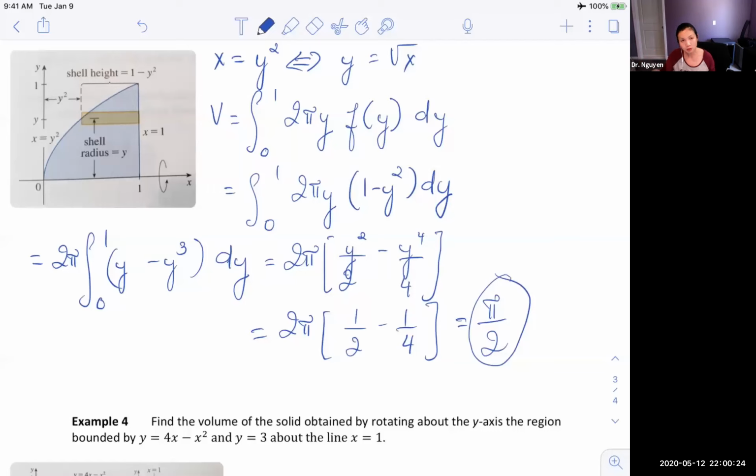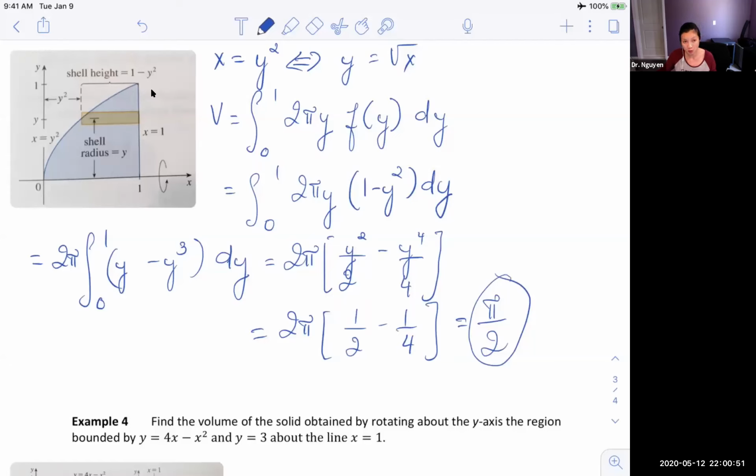For this problem, if the shell height confuses you, I always tell my students you can think of it as area between curves. So this is the right and this is the left. Remember, for area between curves, we subtract left from right.